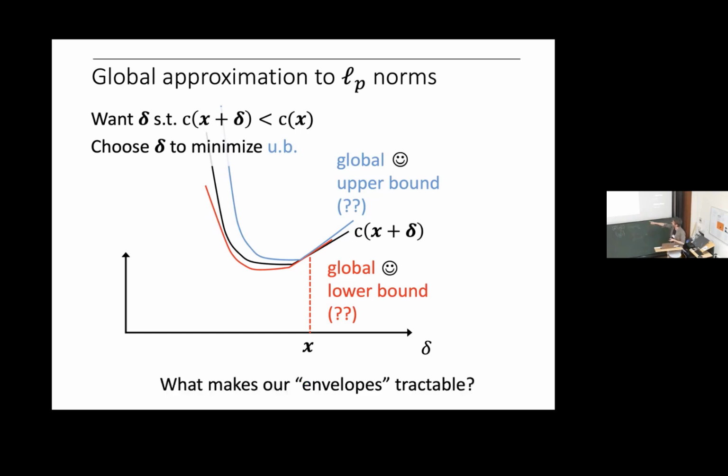So what makes these envelopes, this upper and lower bound, tractable to take steps with? The first thing that's important is that we get a very nice notion of constant approximation being sufficient to make progress. Instead of trying to solve a p-norm approximation problem to high accuracy, we now convert it into a progress step with respect to this upper bound, which only has to be solved to constant accuracy.